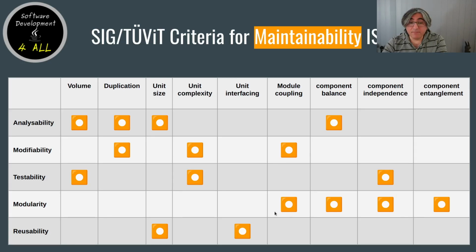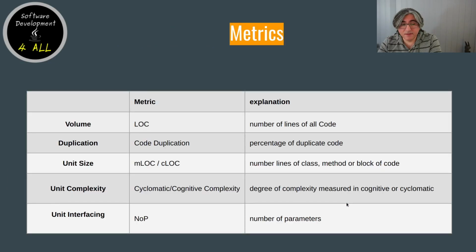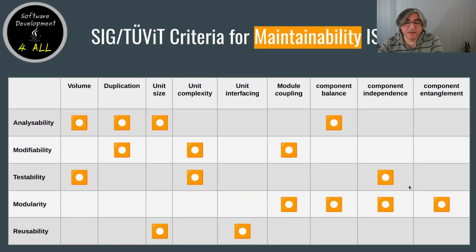So again, the module coupling has an impact, of course, on the modularity. The component balance also has impact on the modularity, and the component independence, we have just talked about as well. But then there is component entanglement.